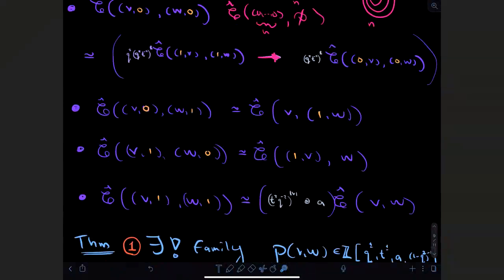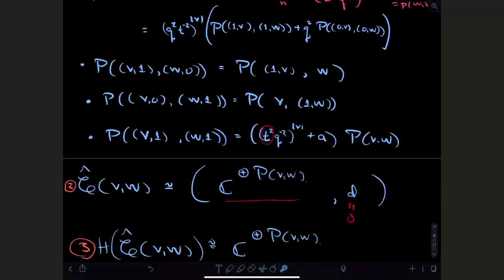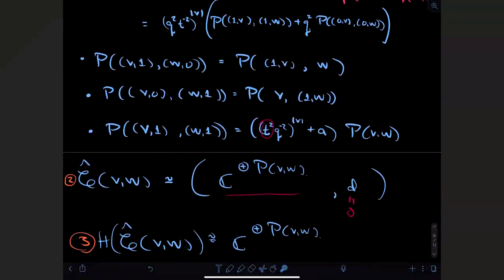But at the end of the day, we don't really care what those differentials were, because we arrive at a complex with 0 differential for degree reasons. So this miracle is basically the computation. We arrive at a complex with 0 differential, so that's the homology. Okay.